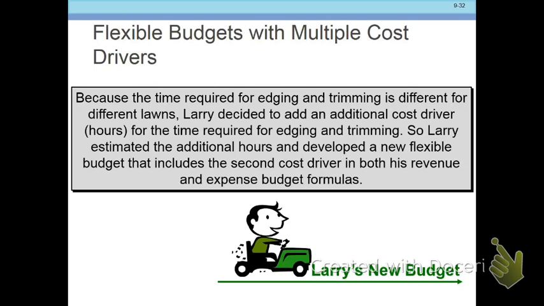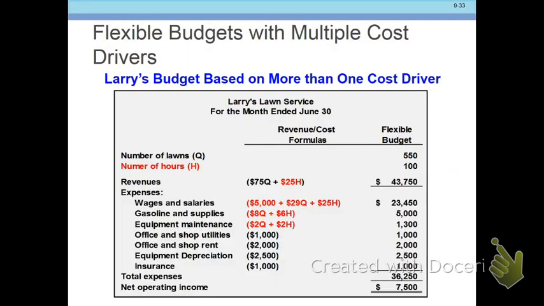And if you think about it, it makes sense. It may take a lot more time to do a small lawn that has a lot of trimming versus a big lawn where you can just ride that mower all along. So notice what he has here. He's got two drivers: one is for the number of lawns, and one is for the number of hours, and those hours are for trimming the lawns.